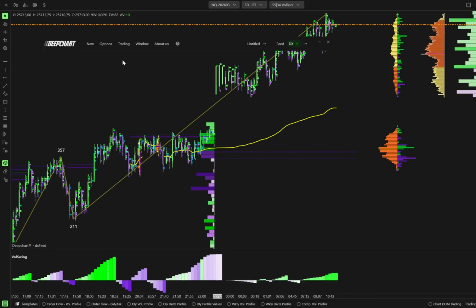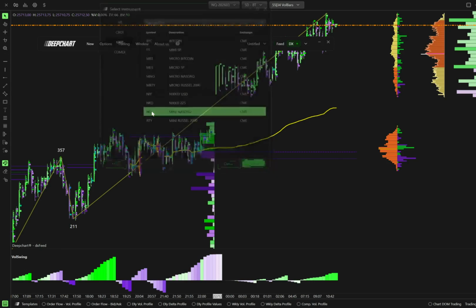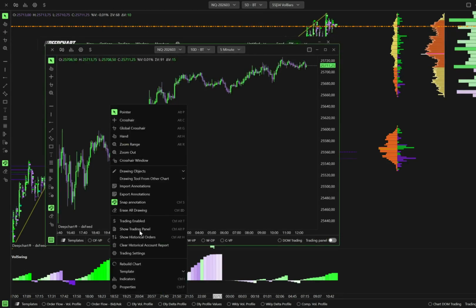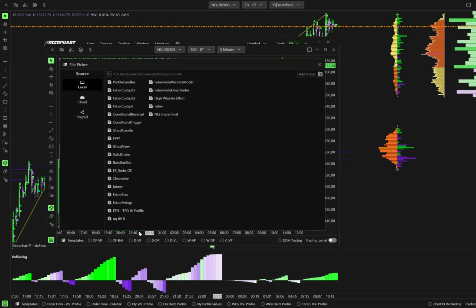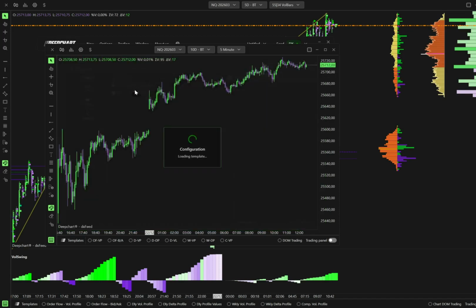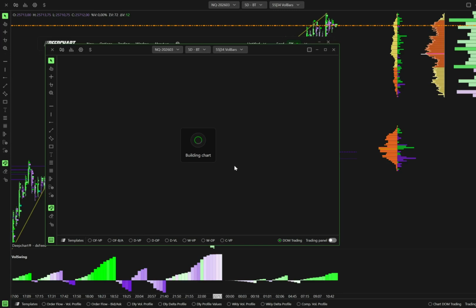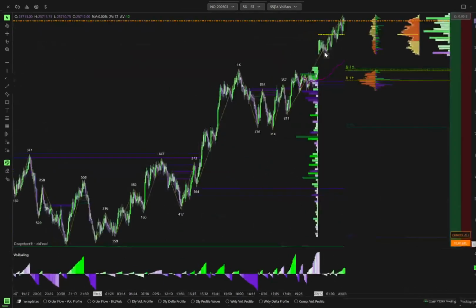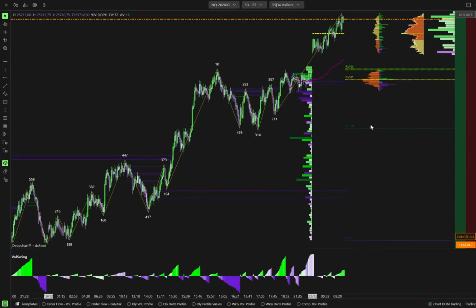Go here, create a new one, we load. You go on the share template. You go on the full version, and you go on the deep theme. You go on Nasdaq, and you have this one. Apply, and this is the template. I made a small guide for you so you don't get lost.